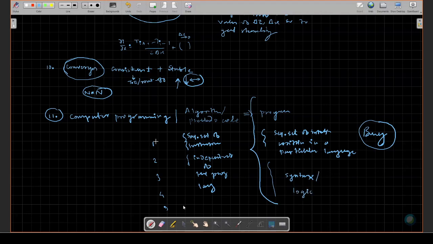If you don't understand the logic, in which sequence you are calculating, if you interchange the sequences it will affect the program. So which things to be calculated first, which things should not be calculated first, you have to understand from this, and you have to map this algorithm or pseudocode into a proper code.